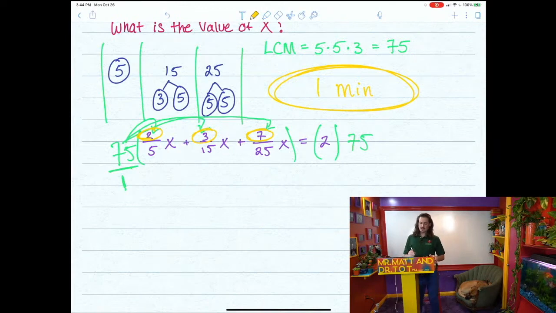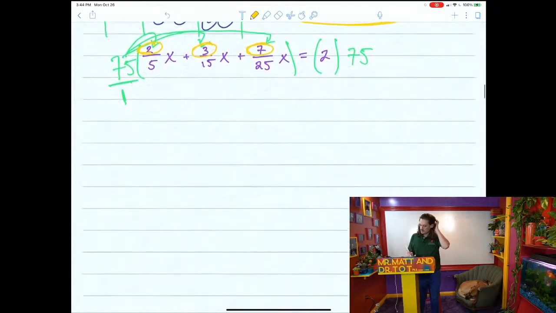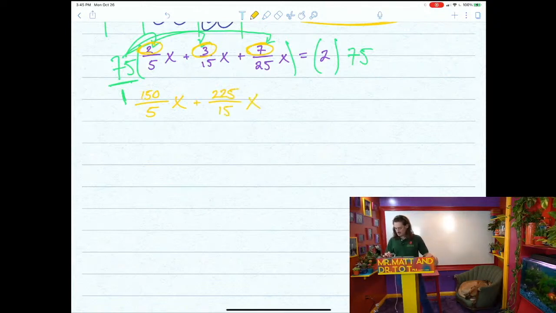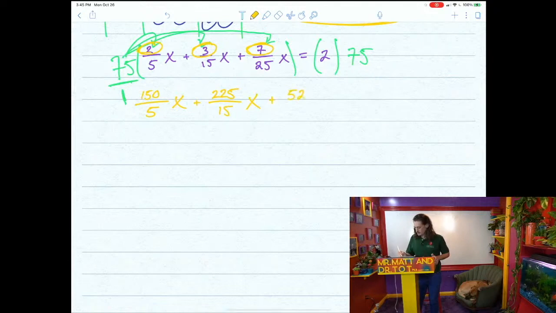So, applying this within the parentheses, we'd have 75 times 2 is 150. So you get 150 over 5x, plus 75 times 3 is going to be 225 over 15 times x. And then we have 75 times 7, which is 525 over 25x, is equal to 2 times 75 is 150.